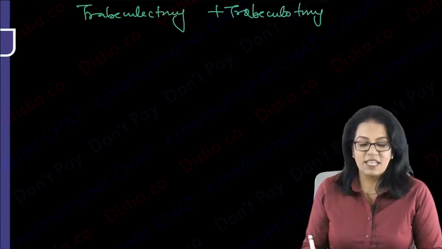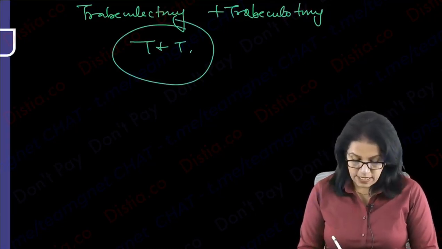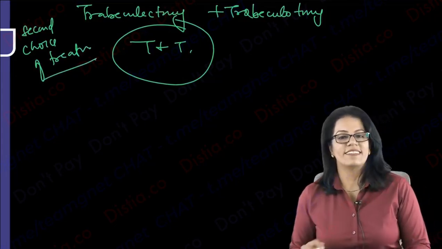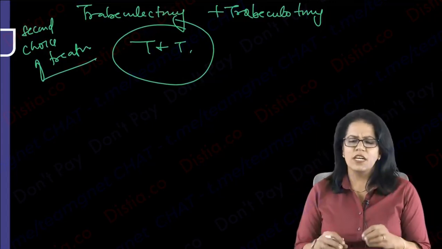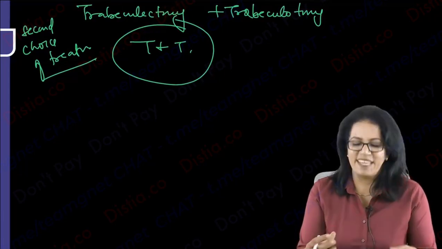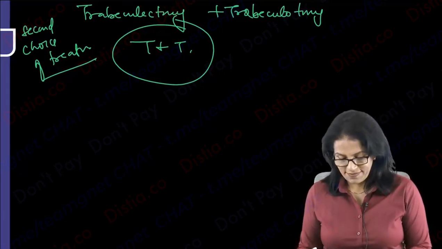So remember, it is the T&T procedure, we call it. So this should be the second choice of treatment to be answered in your PG entrance, right? And please keep in mind, trabeculotomy is commonly done along with trabeculectomy. Got it?